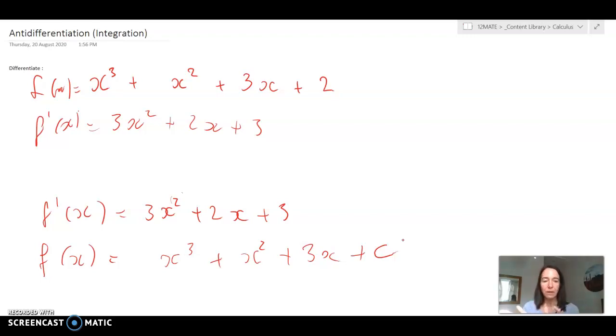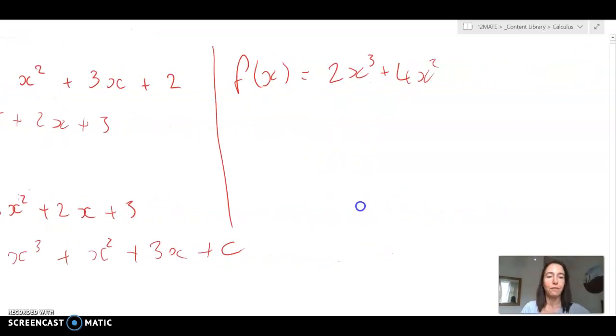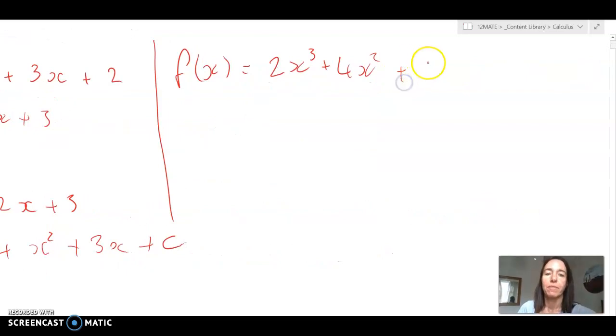Now, that's all very well, but what if it hadn't been a constant of 1 in the front? Let's start that again. f of x equals, what happens if it had been 2x cubed plus 4x squared plus 5x plus 2?